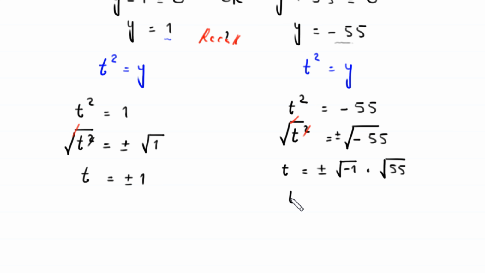This will become t is equal to plus minus i times root 55.